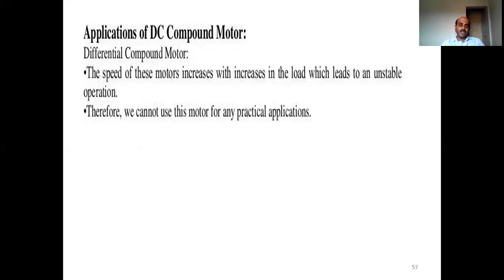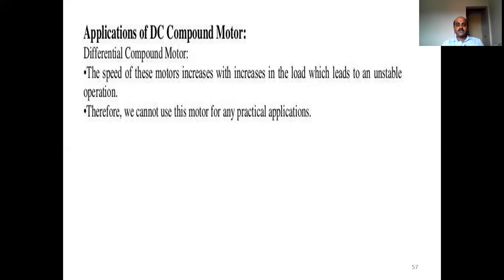Next, when it comes to the differential compound motor, the speed of the motor increases with increase in the load, which leads to unstable operation. In this case, the speed is directly proportional to the load.